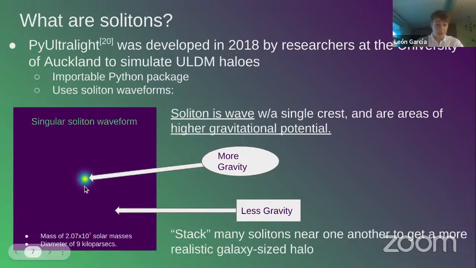This particular soliton is about the mass and size of a dwarf galaxy, so I need a lot of these to actually simulate what a dark matter halo looks like on a really large scale. And I used this package that's already been developed by researchers in New Zealand at the University of Auckland, available for anybody who wants to download it on their computer, to simulate these halos. And it uses these waveforms to do that.